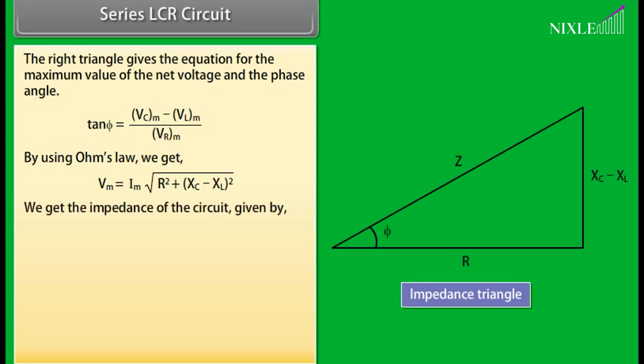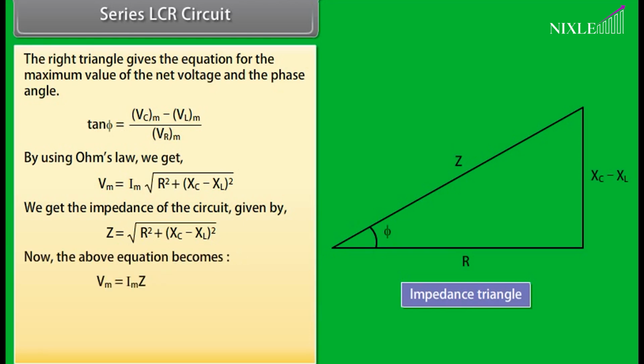We get the impedance of the circuit given by under root of R square plus (XC minus XL) square. Now, the above equation becomes Vm is equal to the product of Im and Z.